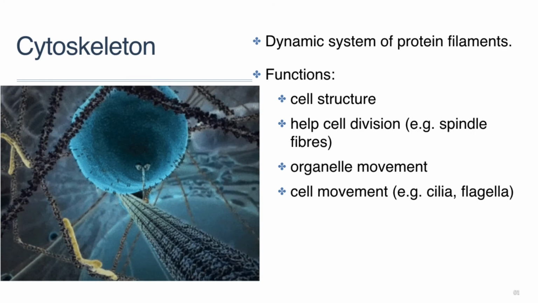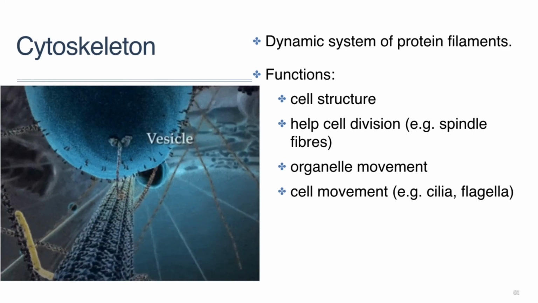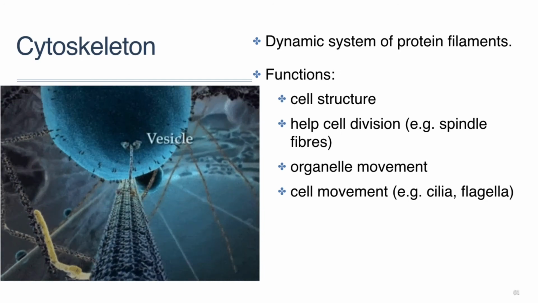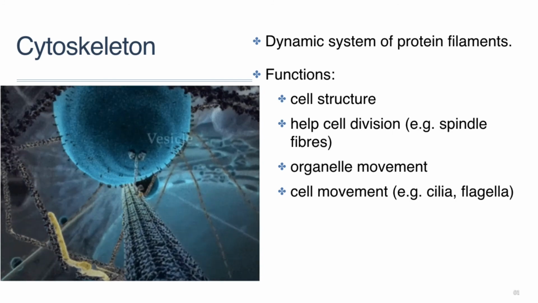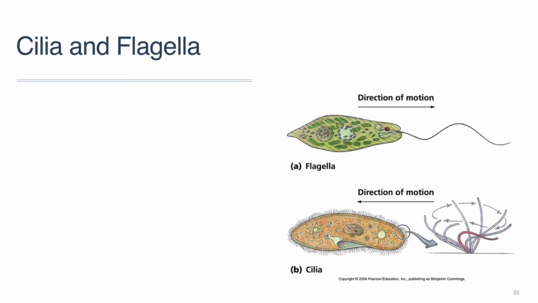The cytoskeleton is also involved with cell movement. Whenever a cell needs to move, it's the cytoskeleton that's usually responsible for that. Like, for example, in the case of structures called cilia and flagella, which we'll discuss in a little bit more detail in a second. Microtubules are what centrioles are made of. They are found only in animal cells and produce spindle fibers that move chromosomes around during cell division.